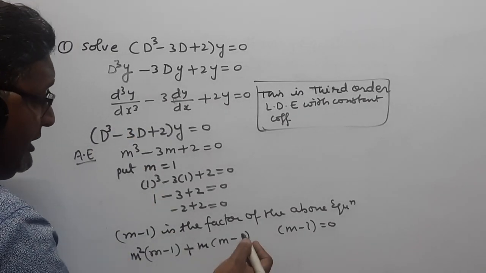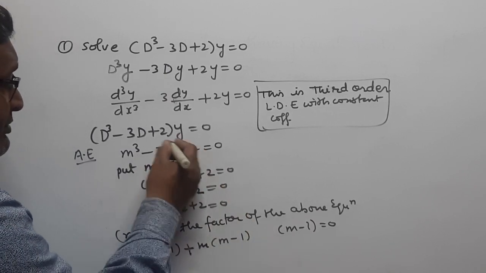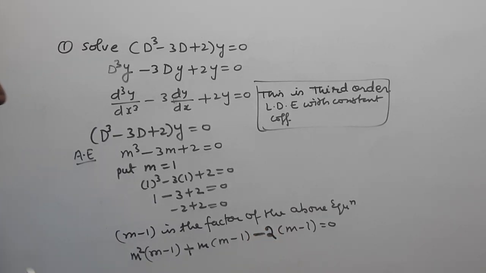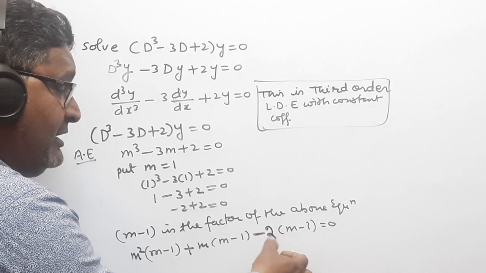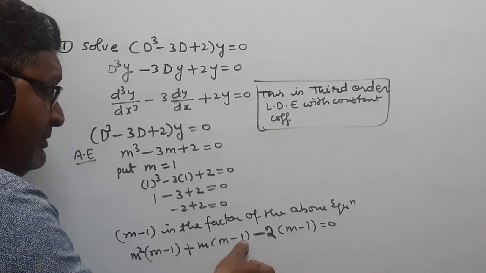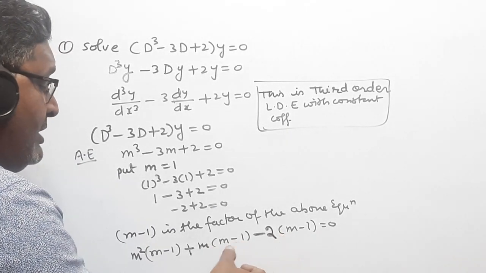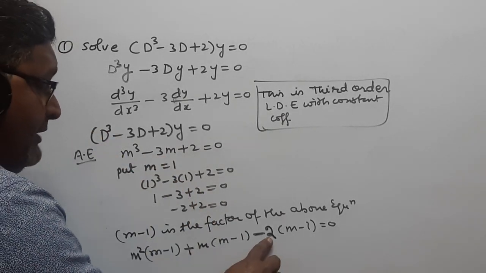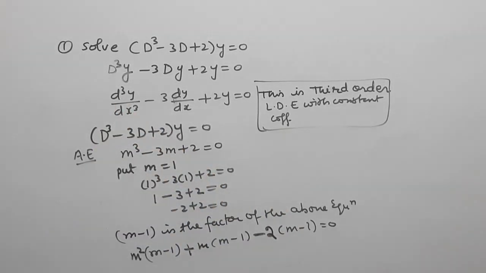Now plus m multiplied by minus 1 gives minus m, here it is minus 3m, so minus 2m is remaining, so multiply by minus 2. Minus 2 multiplied by m gives minus 2m, and minus 2m minus m is minus 3m. And minus 2 multiplied by minus 1 gives plus 2.